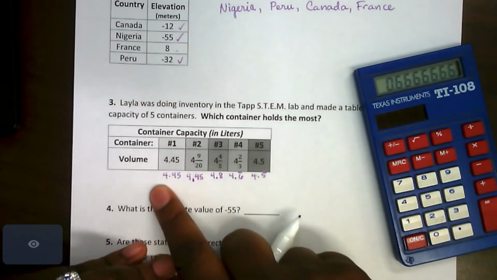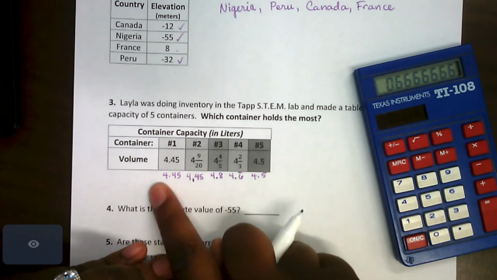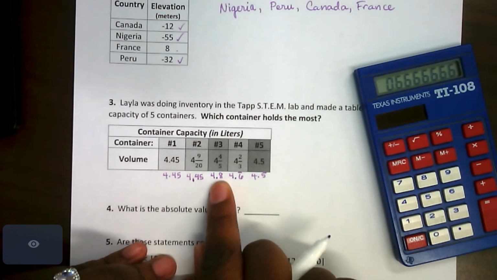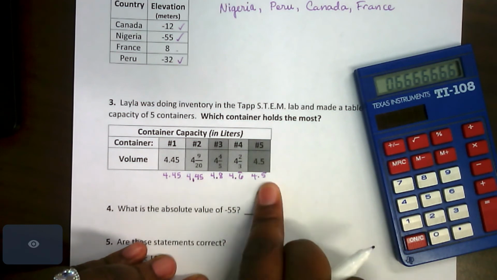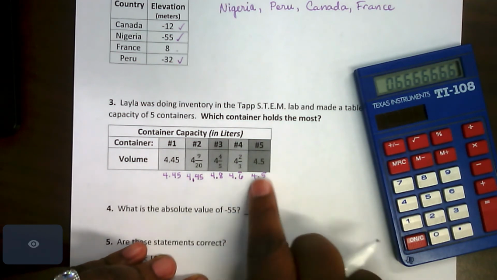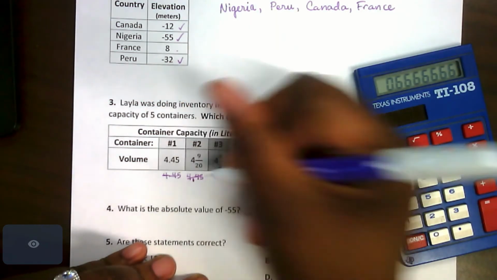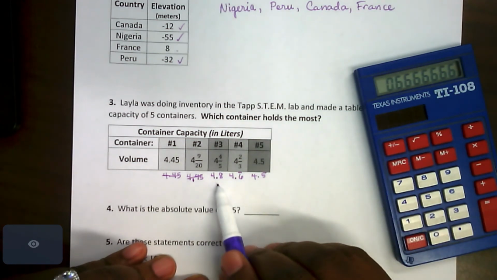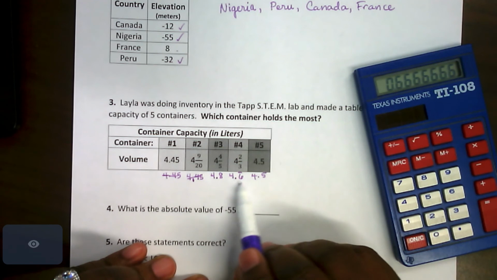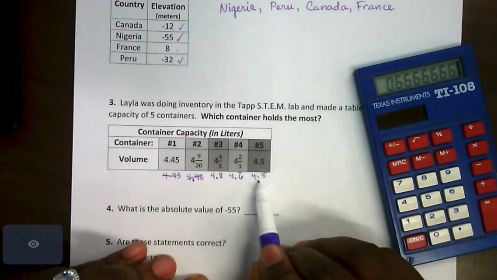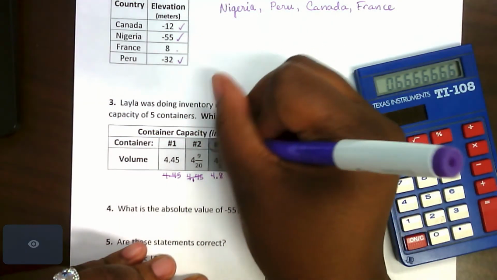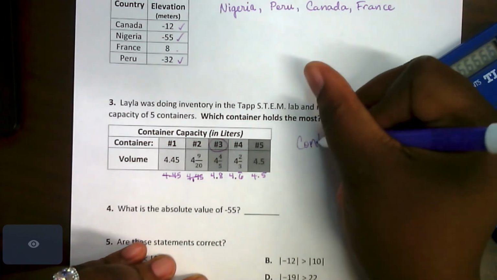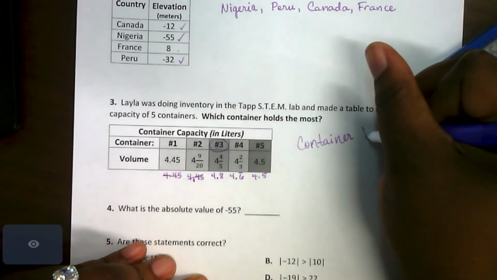Notice that containers 1 and 2 have the same capacity, and they are smaller than these other capacities. It's smaller than even a 4.5. So I know it's not containers 1 or 2. And 4.8, that's like $4.80 being more than $4.67 and $4.50. So which container holds the most? Container number 3.